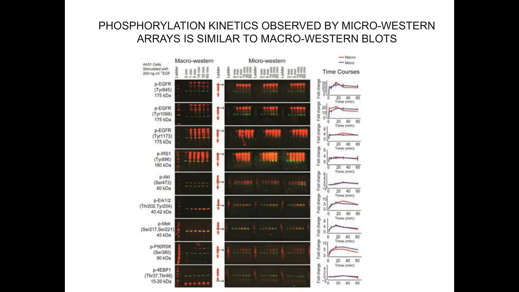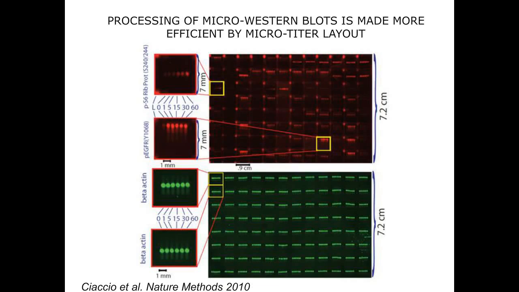And then we followed the modification state of a series of tyrosines on the epidermal growth factor receptor itself or downstream targets of the epidermal growth factor, and then monitored the fold changes in the phosphorylation at different time points with either large macro-Western, traditional Western blots, or micro-Western arrays. And this is what this looks like in a 96-well microtiter format.